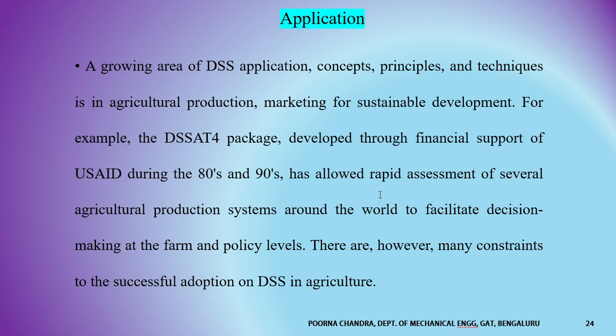One example is the DSSAT package, developed through financial support of USAID during the 80s and 90s, which has followed rapid assessment of several agricultural production systems around the world to facilitate decision making at the farm and policy levels. There are, however, many constraints to the successful adoption of DSS in agriculture.